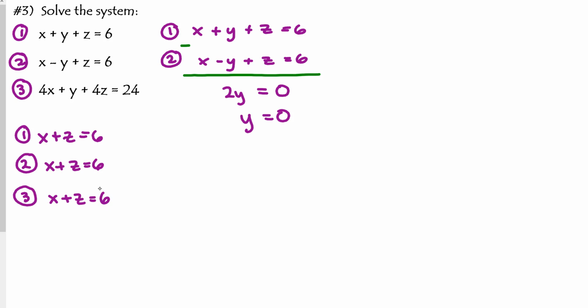X plus z equals 6 is a line. So if you think about this three-dimensional space, we have an intersection that's a line, and all the points on the line have a y-coordinate of 0. The x and z coordinates can change, but they fall on a line. So we have infinitely many solutions.